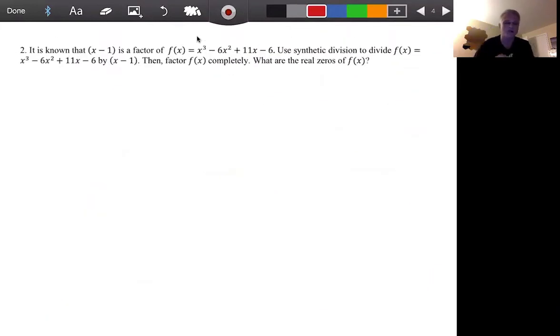Okay, our last one. All right, so do we have any gaps here? It's 1x cubed minus 6x squared plus 11x to the first minus 6. So x to the third, second, first, and 0. No gaps. Cool. Don't have to worry about that.